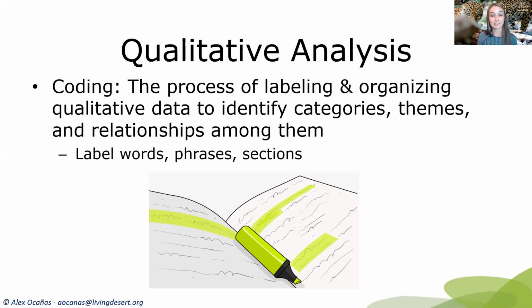So that's a helpful way to think about what coding is and why it's important. We're labeling the different parts of our data, different parts of information, so that we can open that drawer. Let's say we want to find instances of challenging relationships among landowners and government officials.